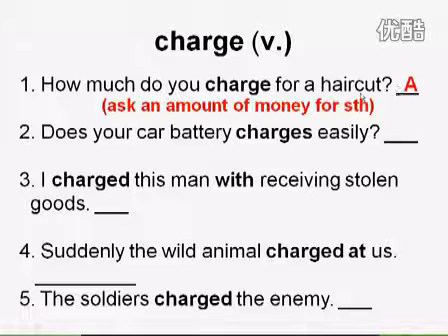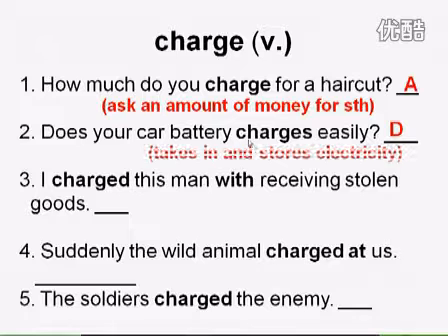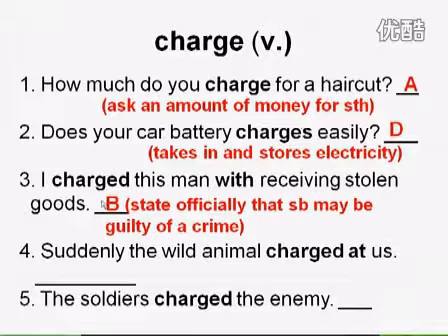Does your car battery charge easily? Yeah, it's D. The battery 电池，也就是说你这个电池好充电吗？Takes in or stores electricity. Next one, I charged this man with receiving stolen goods. Charge somebody with receiving stolen goods.